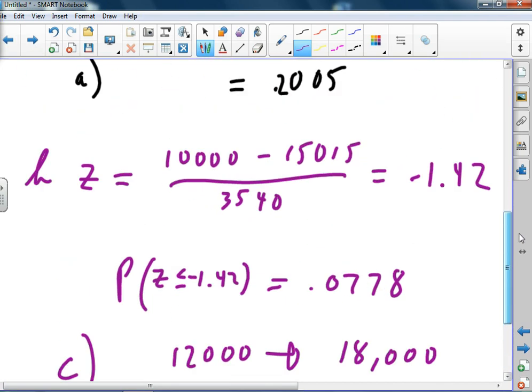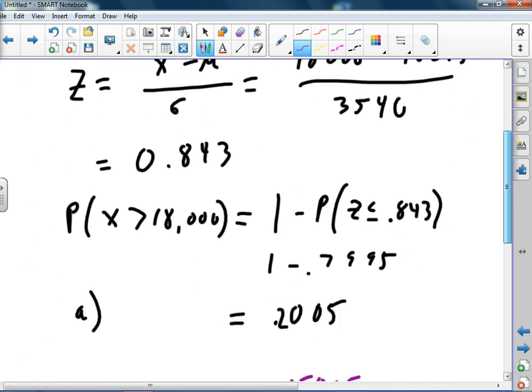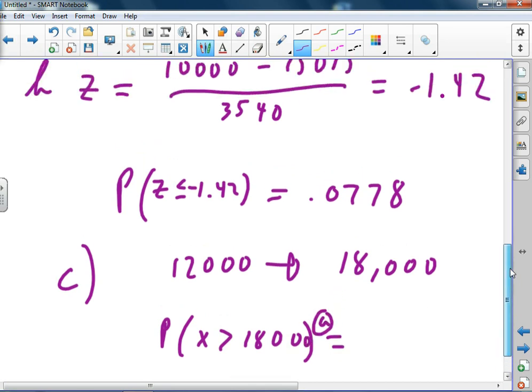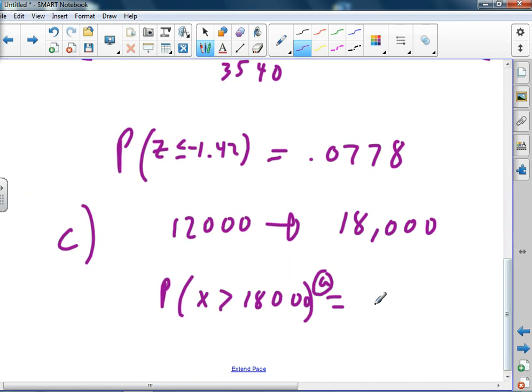Okay, so we already know the probability of x being greater than 18,000 from A above was 0.2005.